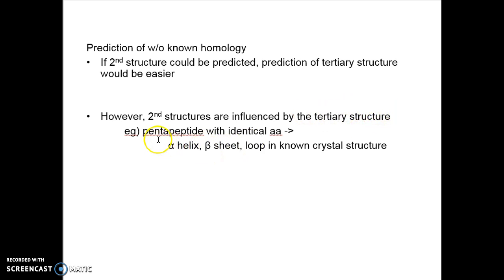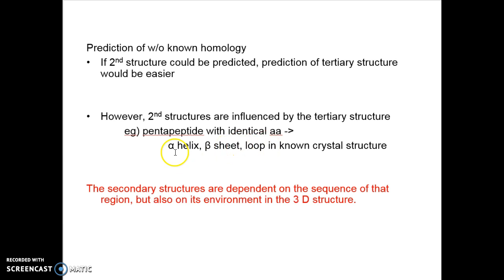For example, a pentapeptide with an identical residue sequence could form a whole different variety of secondary structures in real protein structures, like alpha helix sometimes, beta sheet sometimes, loop sometimes. That is, the secondary structures are dependent on the sequence of that region, but also on its environment in the three-dimensional structure.